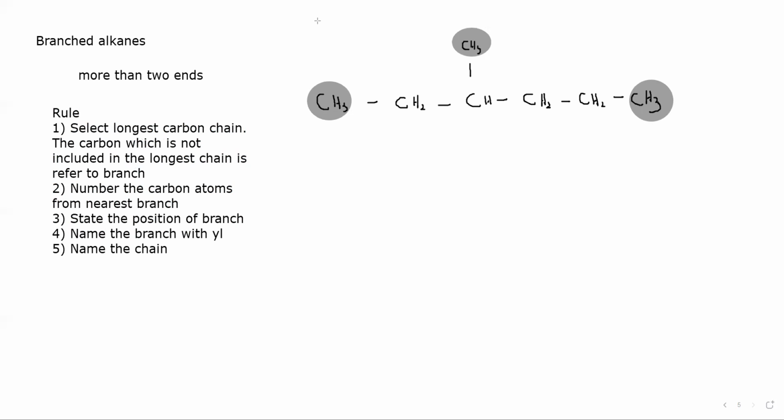I can select from one end to another, in this manner. How many carbons are included if I select from one end to another? Only 4 carbons. But if I select from left to right or right to left, how many carbons are included?